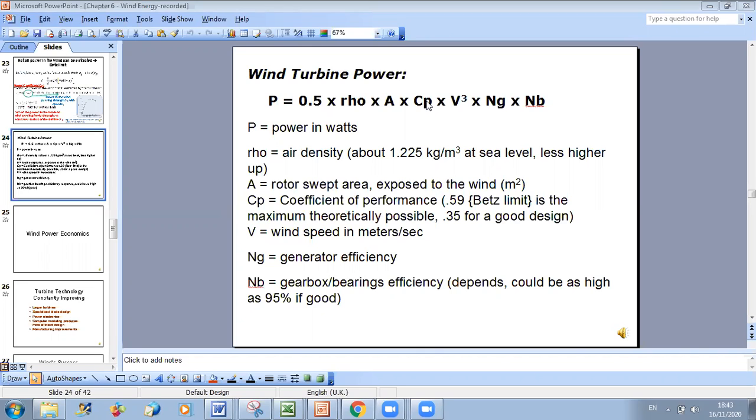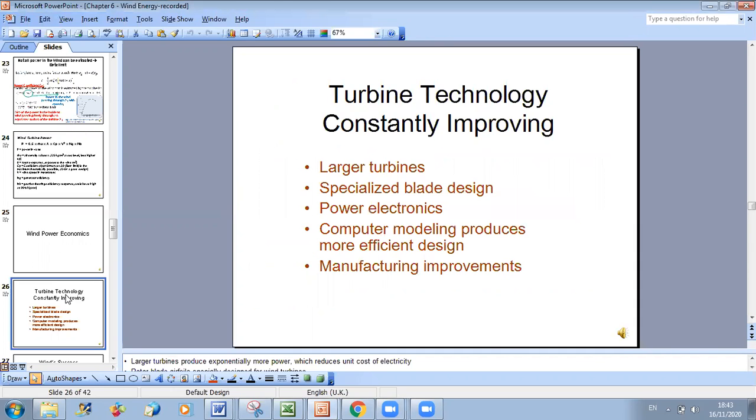It's mainly the geometry, and it's also the orientation of the blades, because you have a yaw control system, which will change the direction of your blades in order to optimize this coefficient. Now we will talk about wind power economics.